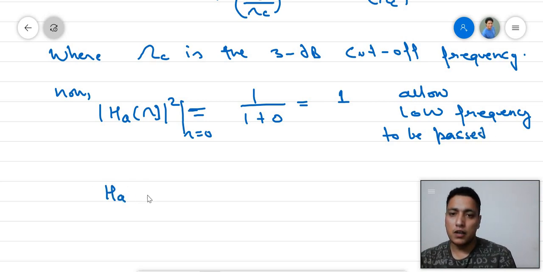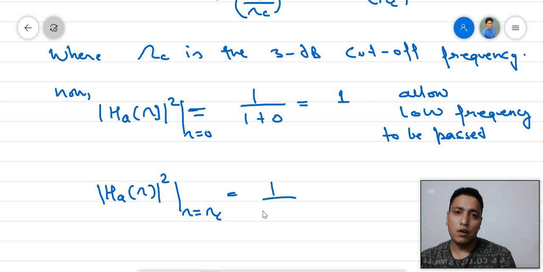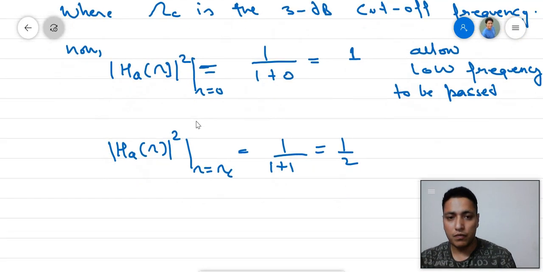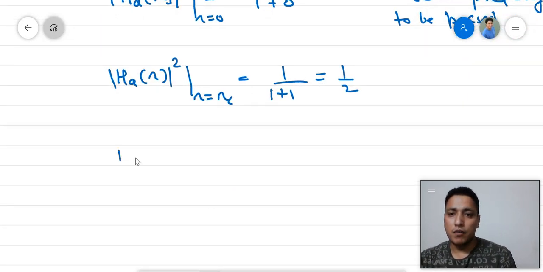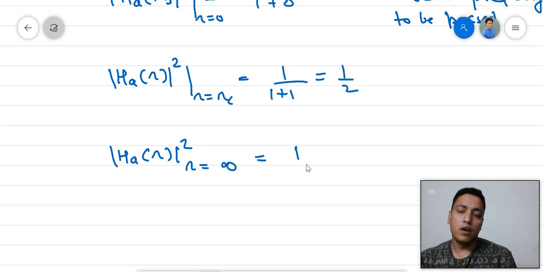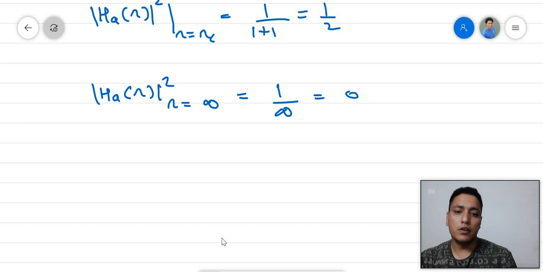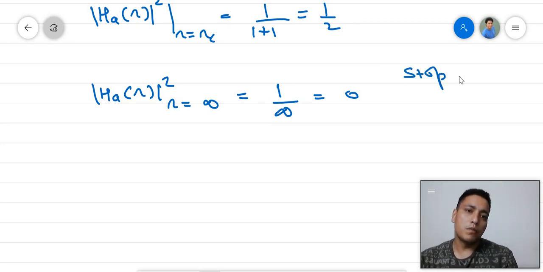If you put omega equal to omega c, it will be 1 over 1 plus 1, equal to 1 by 2. And finally, at omega equal to infinity, it will be 1 over infinity, which is equal to 0. That means this filter will stop high frequencies.